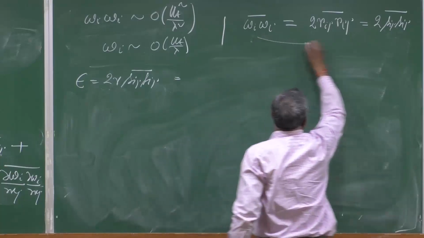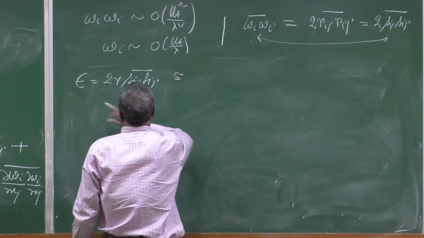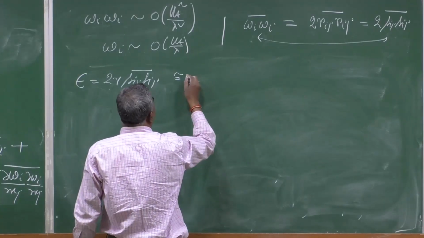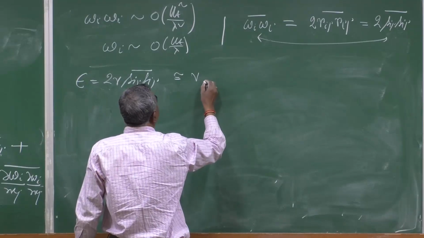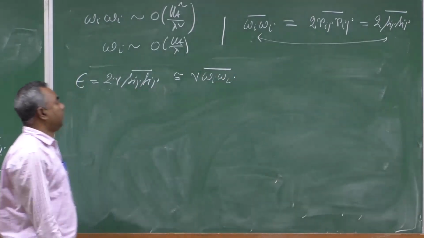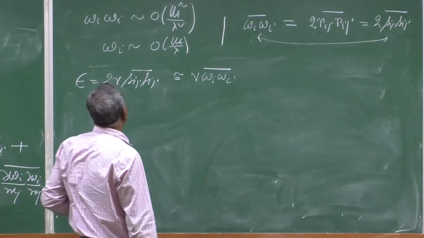So, from this you can see epsilon is approximately equal to, of course, for large Reynolds number only, nu into omega_i bar. Okay. That is what it says, all right.